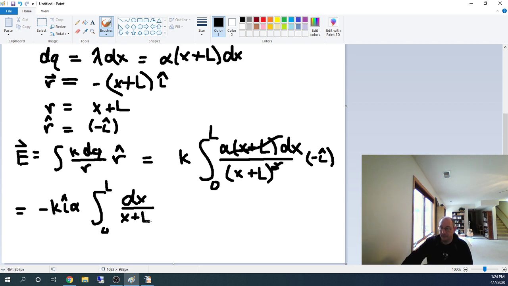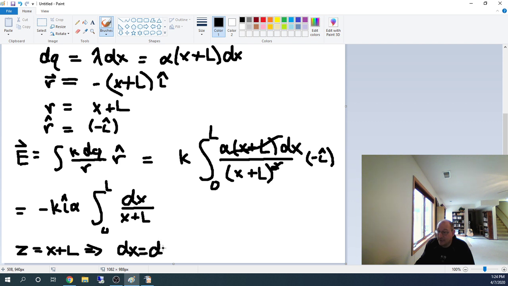Okay. Now, what you can do to solve this one is do it via substitution if you like. The way that I would do it, I'll show you the little substitution here. I would do the z substitution. I say z is equal to x plus L, which implies that dx is equal to dz.